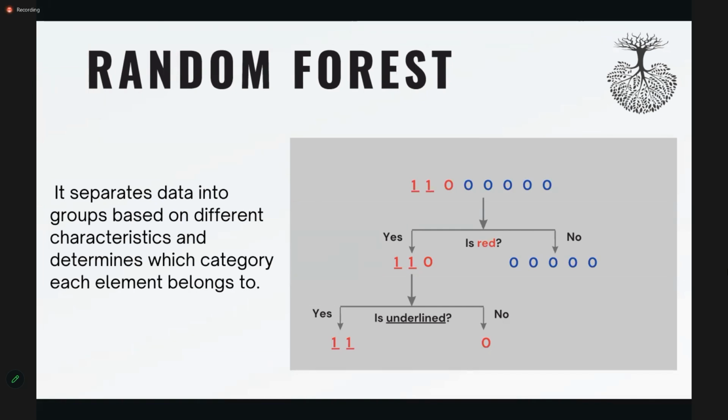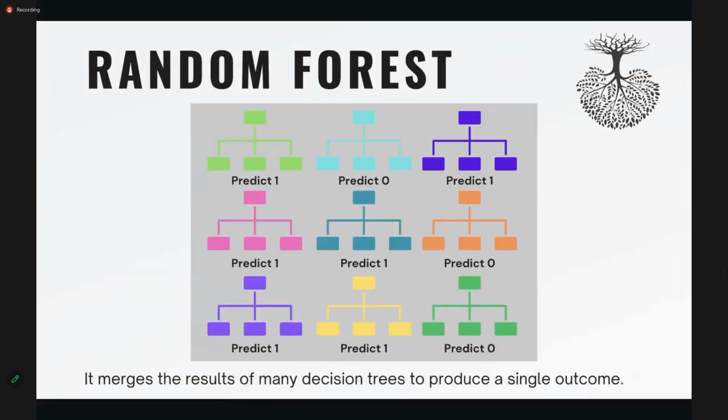If red, it is underlined, or not underlined. Random forest merges the results from many decision trees to produce a single output.